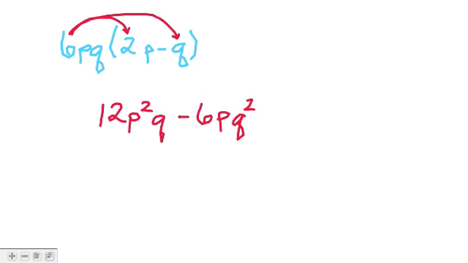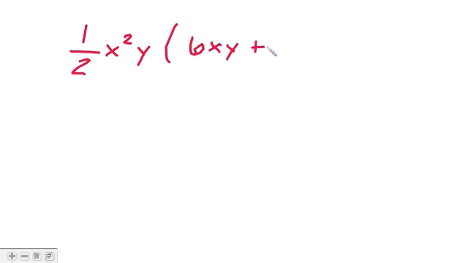Okay, let's try one with a fraction in it, because I know that's everybody's favorite. So we have 1/2 x squared y times 6xy plus 8x squared y squared. Okay, again, let's distribute everything.